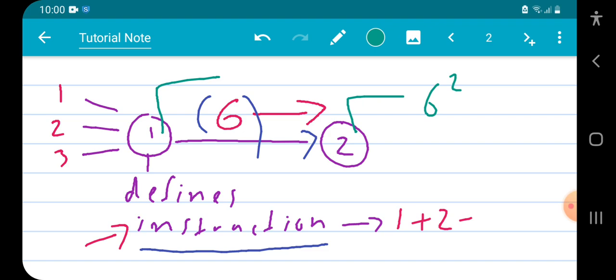Now we can observe that this process, where a neuron receives the data, processes the data, and gives the output, is similar to how functions are defined in mathematics.